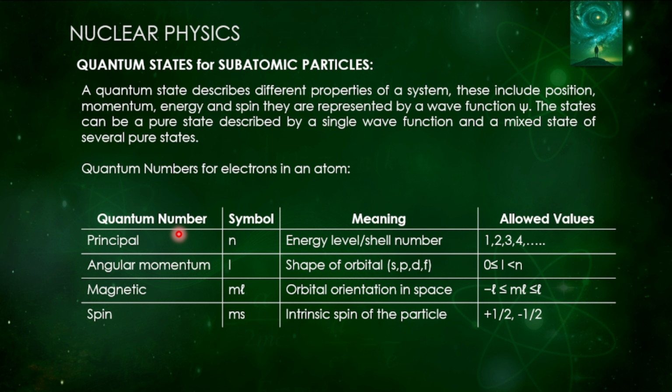You have the principal quantum number, symbolized by n, which represents the energy level or shell number. Also the energy level for electrons here, we're talking. The electron is represented by an energy level, meaning what orbit it is using to revolve around the nucleus.